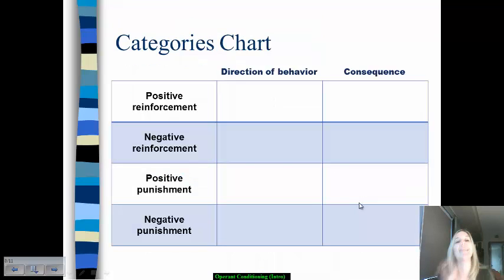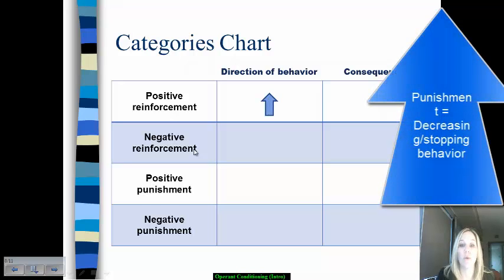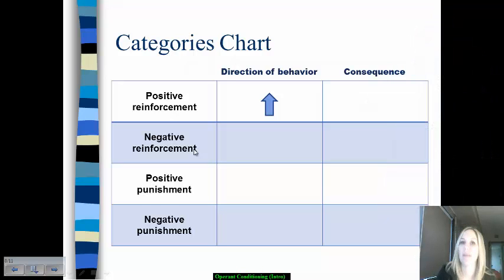So let's break this down then one more time and make sure that we're all on the same page. Positive reinforcement, negative reinforcement. Their direction of their behavior in terms of increasing or decreasing, since it is a reinforcement for both, it will always go up. Okay? You are trying to increase that behavior. The consequence that's attached to it, though, is that you are giving a positive.